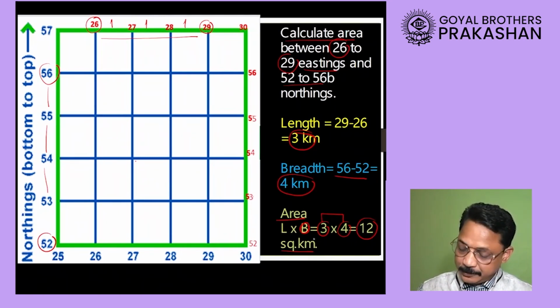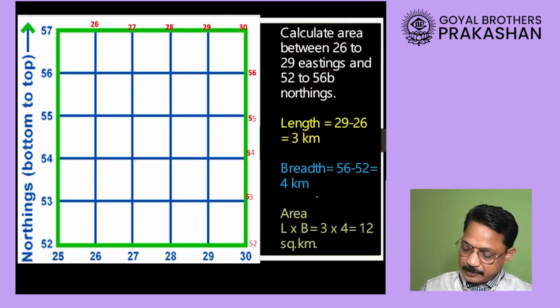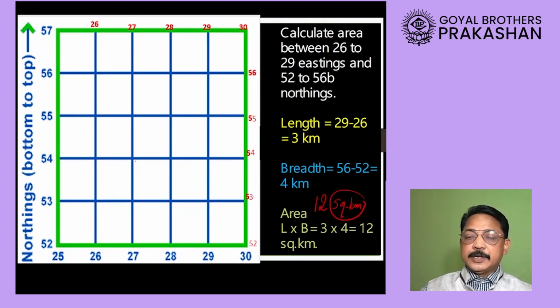So the unit is very, very important, dear student, that you must write down 12 and you must write down here square kilometer. This unit is compulsory to write down in board examination.